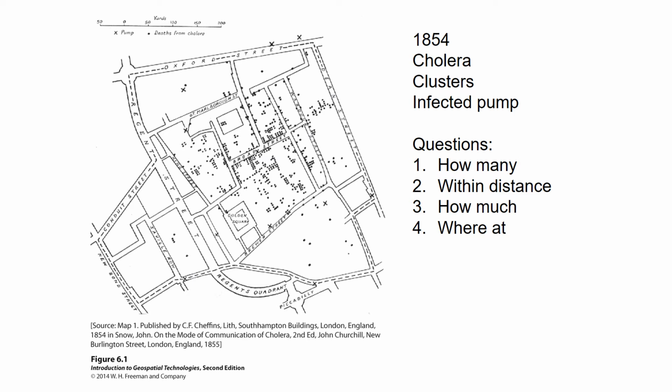And he basically asked those questions, like how many people drink here, how far away from this pump do people drink, that kind of stuff. By asking various questions, he was able to figure out that people were being infected with cholera because of the sources of water, because some of the water was contaminated basically from sewage.